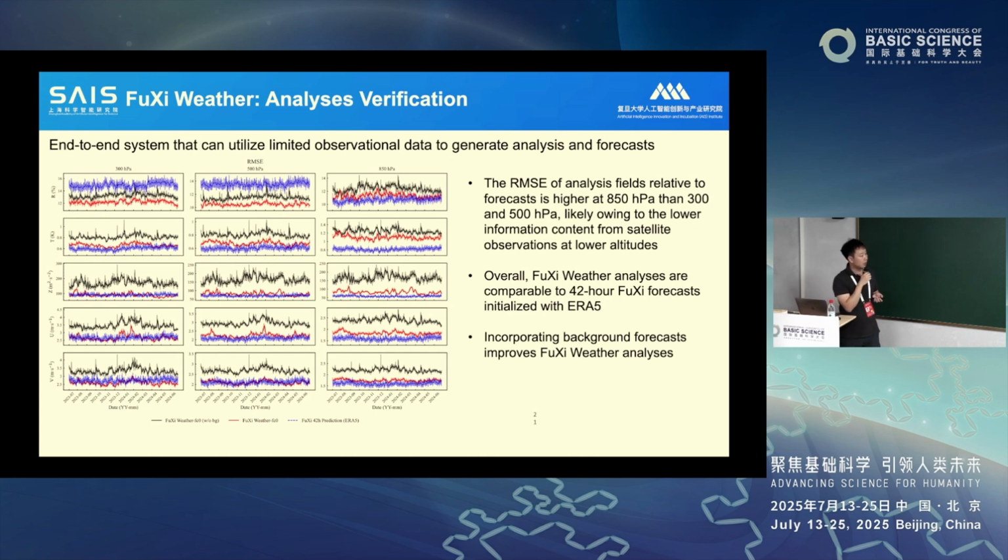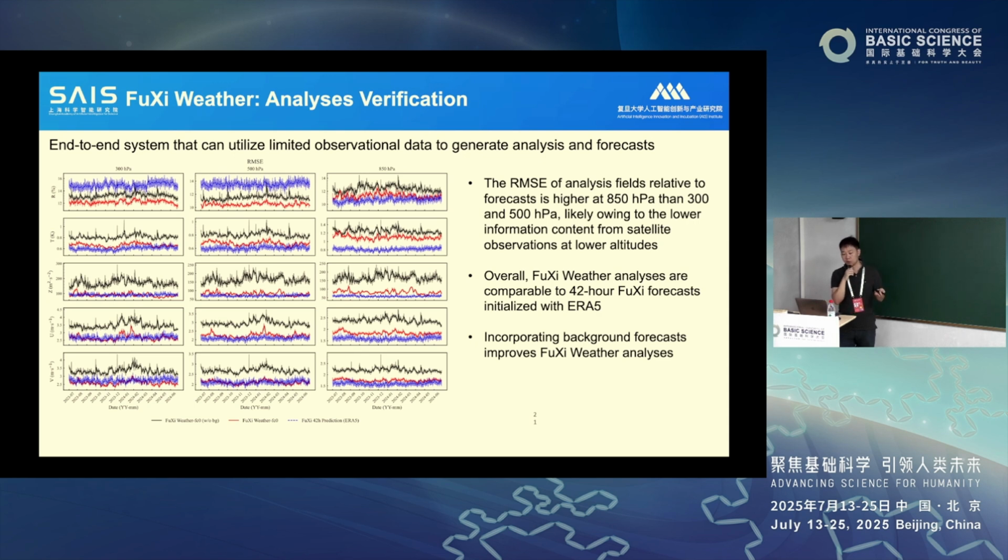And rows 1 through 5 are the 5 atmospheric variables we predict at these pressure levels. Those black lines are the FuXi weather analysis without incorporating the background forecast. We want to see, if we just use the observations without using any background forecast, how the analysis looks. And the red lines are the FuXi weather analysis incorporating the background forecast.